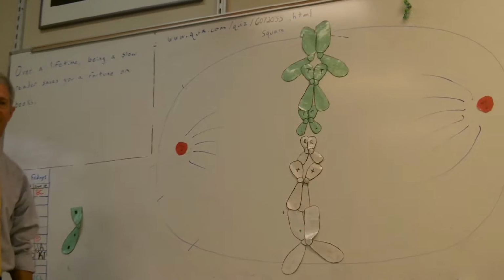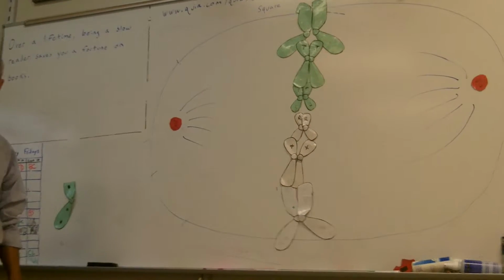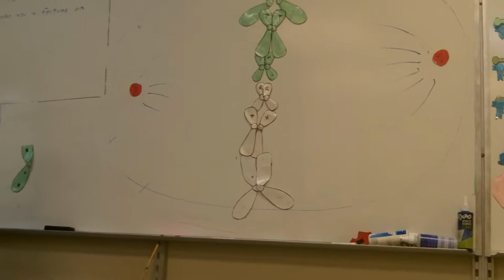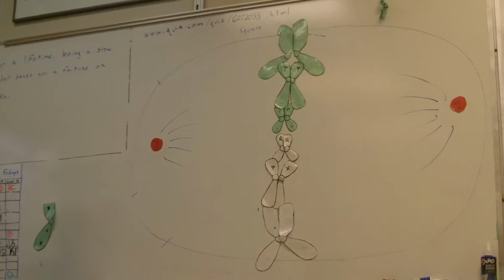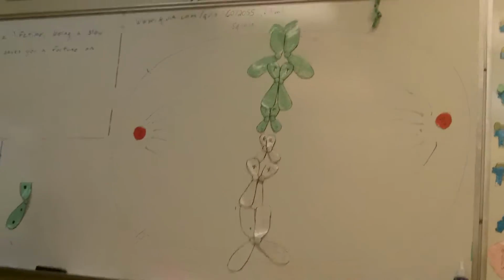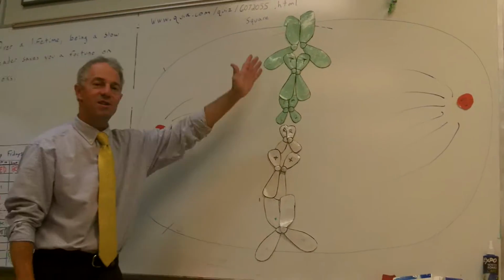Oh, so we have to do all the phases. Heck yeah, you gotta do all the phases. Metaphase, they line up in the middle. That's all we need to say for it. I would say the chromosomes attach to the spindle fibers and move to the center of the cell.